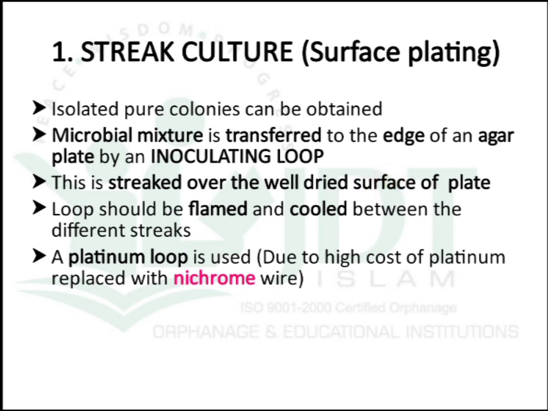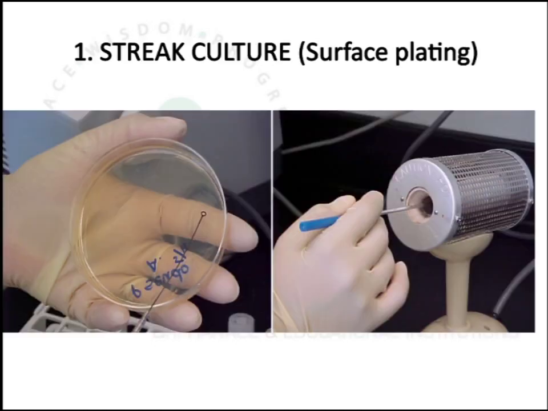Loop should be flamed and cooled in between each streak. The inoculating loop is mainly made up of platinum, but due to its high cost, now it is replaced with nichrome wires.